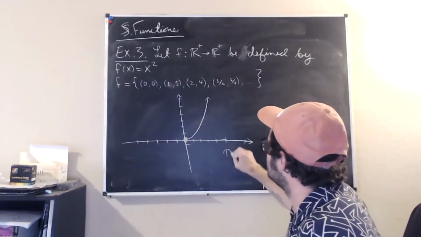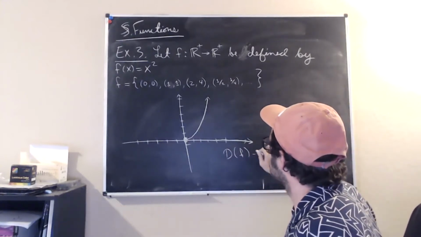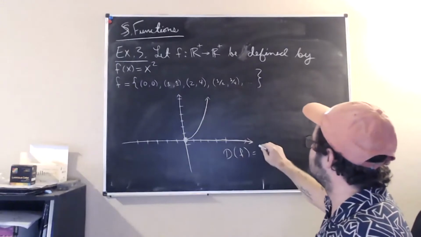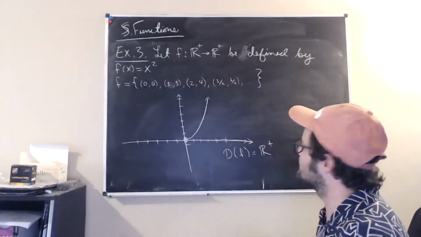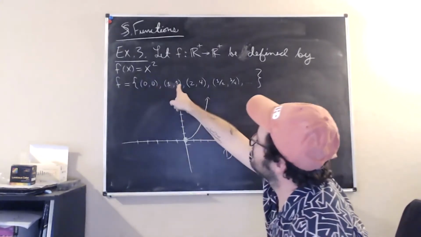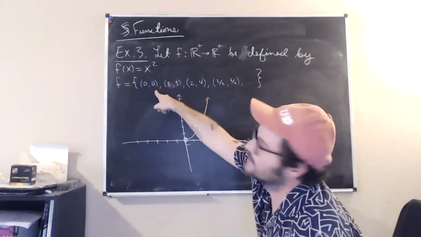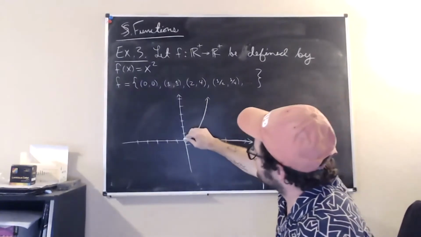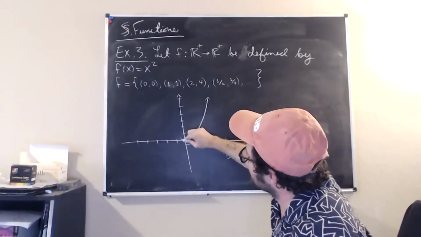So D of f is going to be equal to R plus, right? Now, if we look at all the y values in there, all the second values, it's just everything.